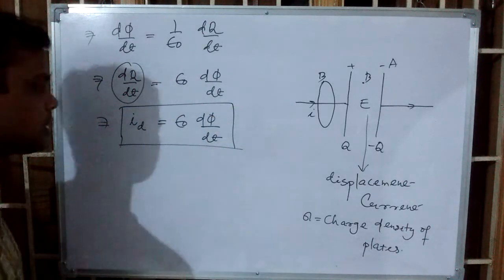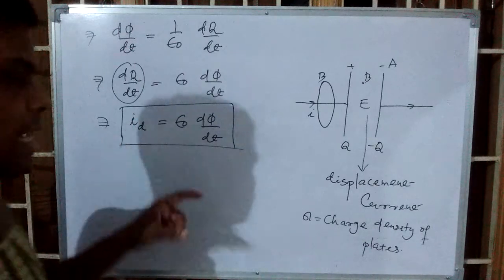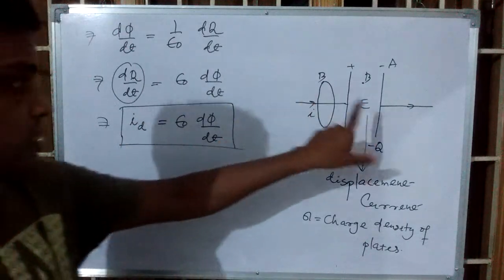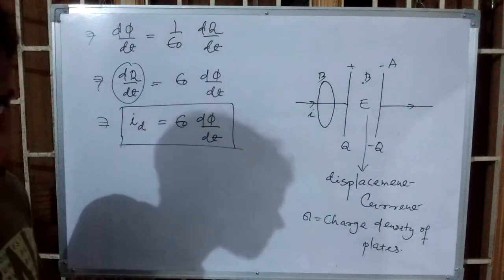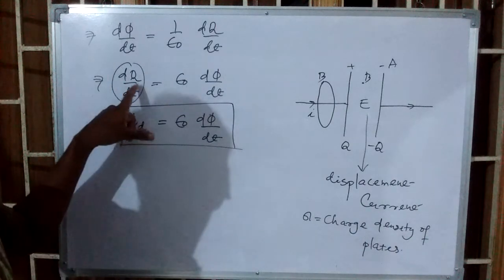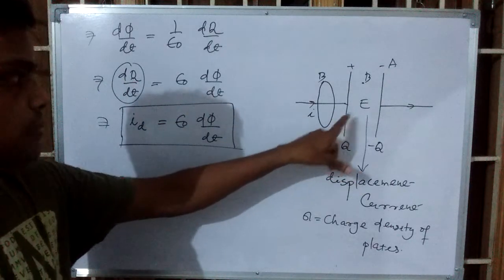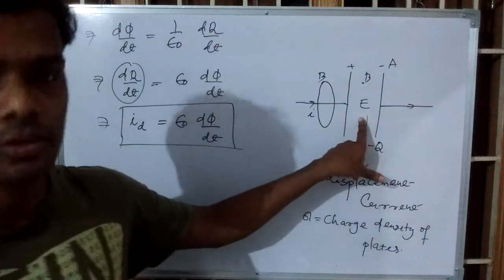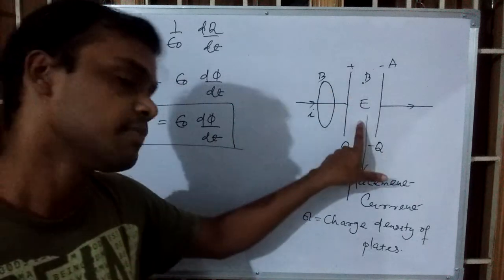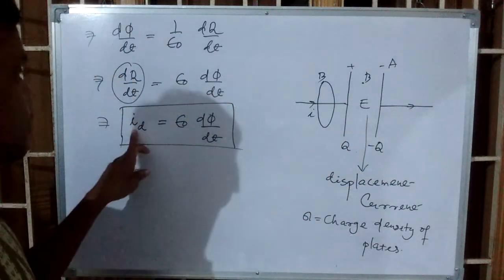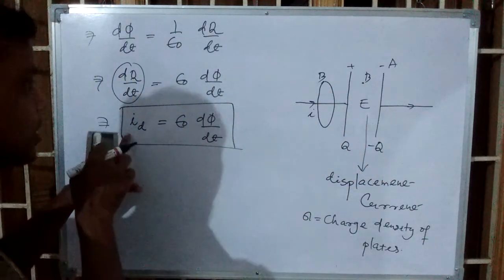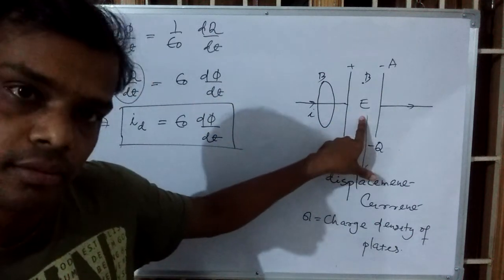Now the question is how this I_D is produced. Inside the plates electric field is there. Rate of change of charge is I_D. If charge is changing here, that means this electric field is also changing with respect to time. If electric field is changing and we are getting a current, that means we can say this current is because of this changing electric field.